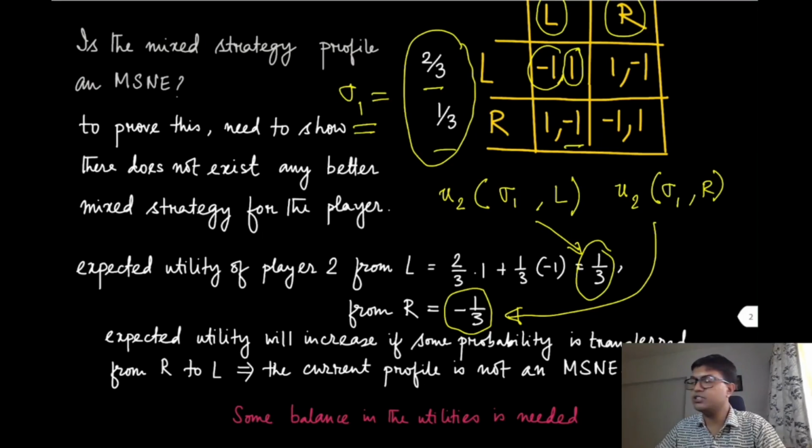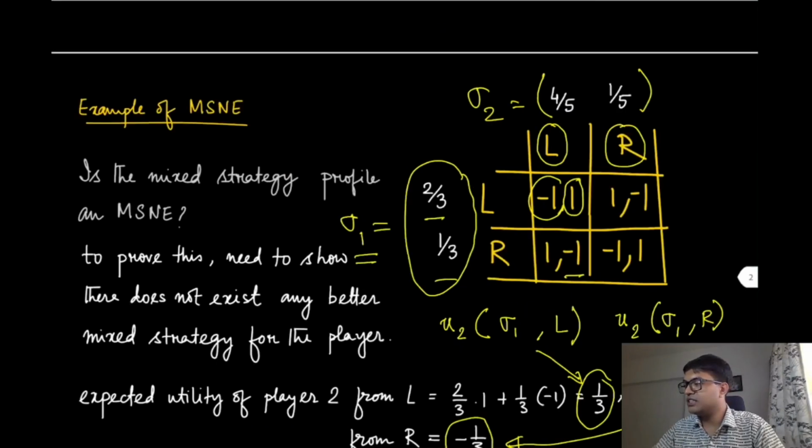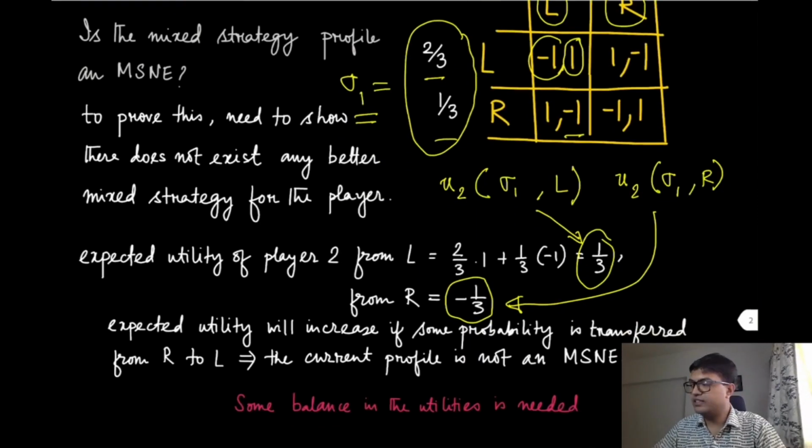So there is no reason for player 2 to stick to this mixed strategy of 4/5 and 1/5. It will essentially turn to the other one. And so this is definitely not an equilibrium point. For that very reason, we can conclude that this strategy profile is not a mixed strategy Nash equilibrium. So we'll have to find something else.